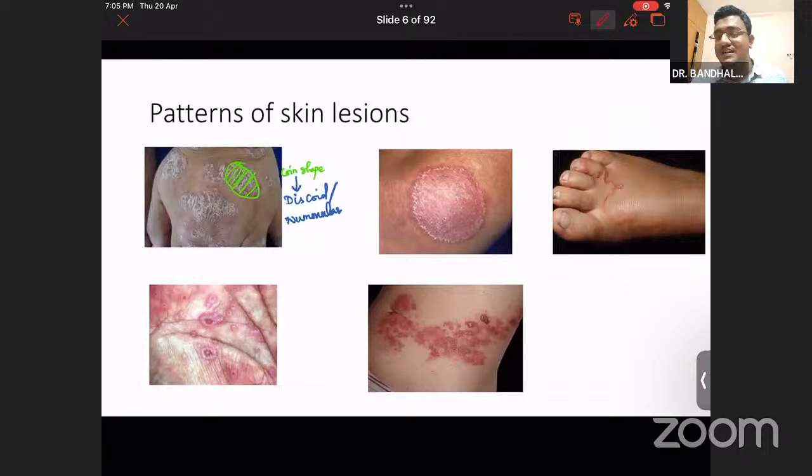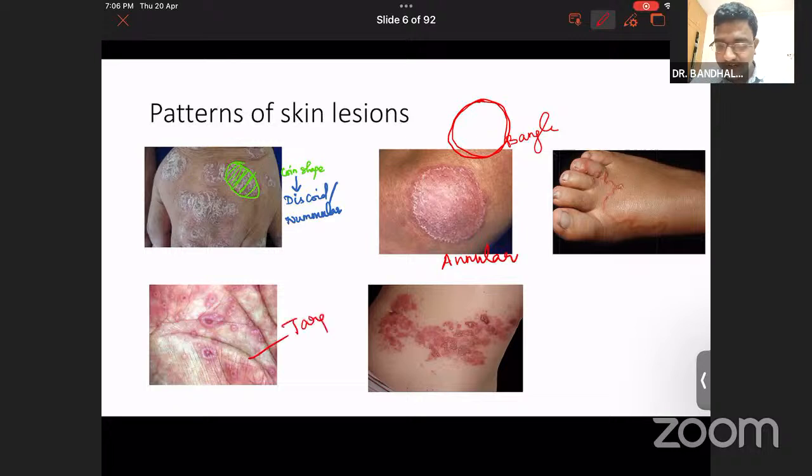If you are seeing a lesion where only the periphery is elevated and the center is clear, something like a bangle, you can remember. Bangle, there is a peripheral prominence with central clearance, which is annular. This one we have already discussed, which is target or targetoid lesion. If they have 3 zones, it is target. Less than 3 zones, meaning 2 zones, we will call targetoid.